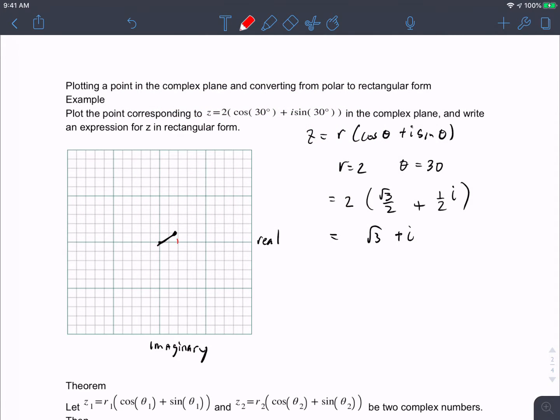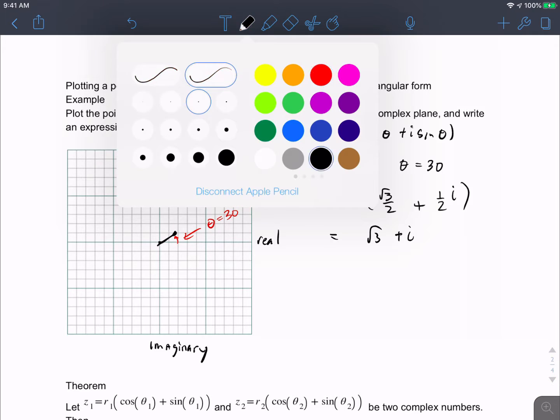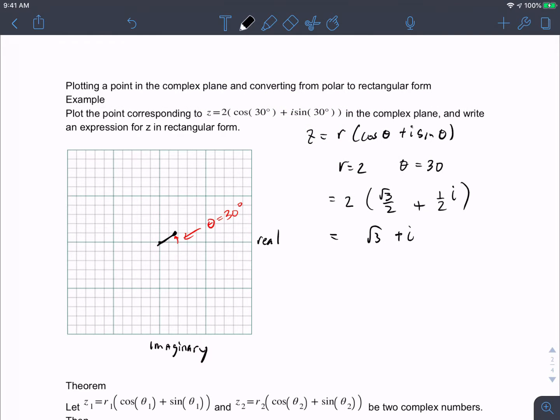And this angle here is going to be a theta of 30 degrees. But that's how we plot this point, or plot this graph. It's going to be a radius of 2, and then at 30 degrees. So we're just sliding over.